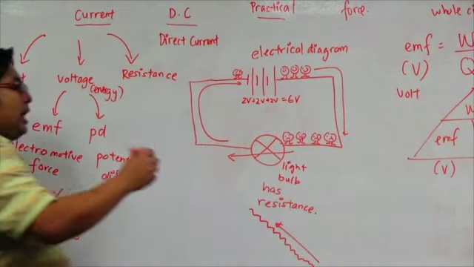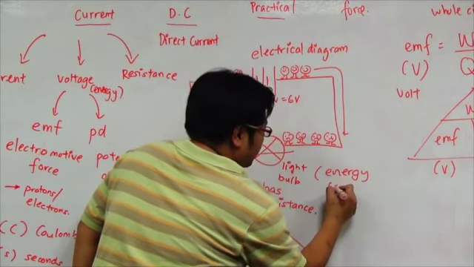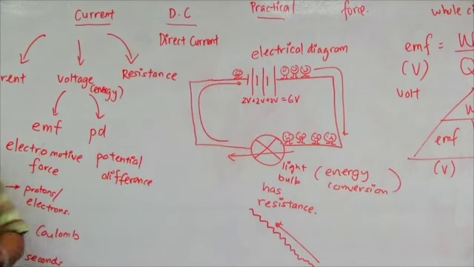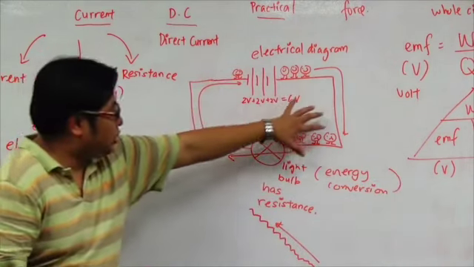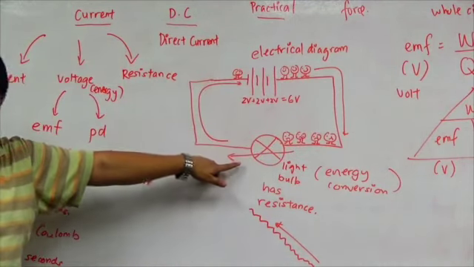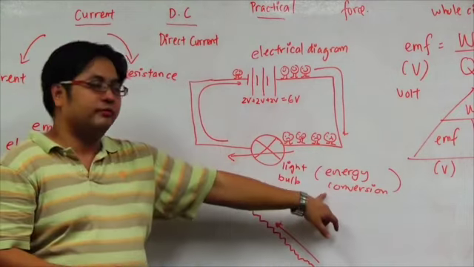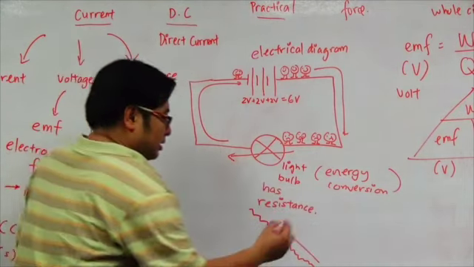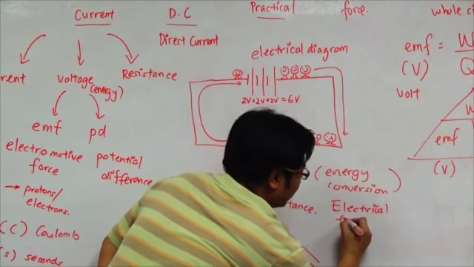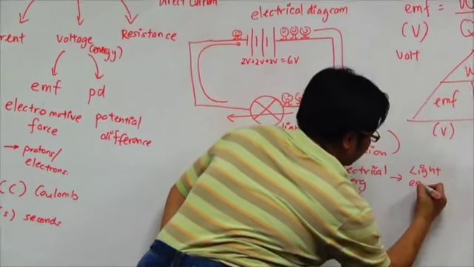So there is an energy conversion in the light bulb. The energy given by the battery is used by the charge to overcome the resistance of the light bulb. Can someone make a clever guess what kind of energy conversion will occur here? Electrical energy to light energy. And sometimes it can be a bit of heat also.